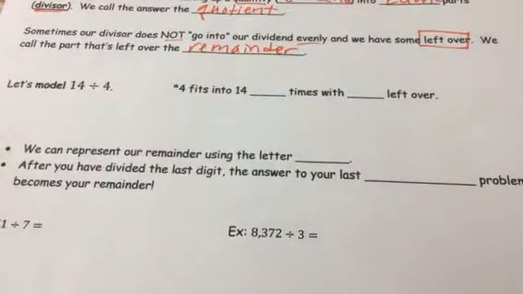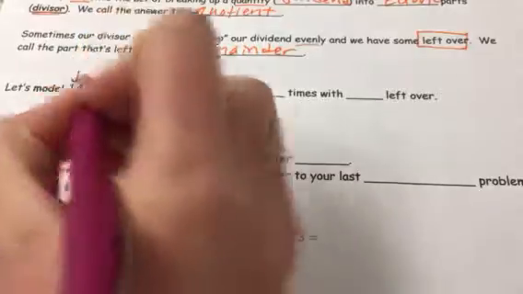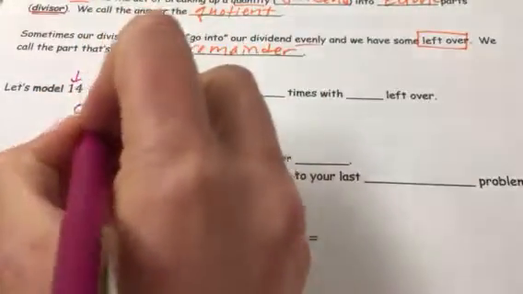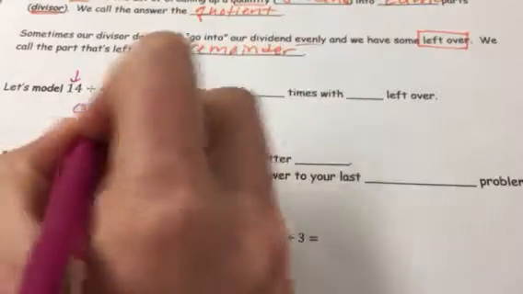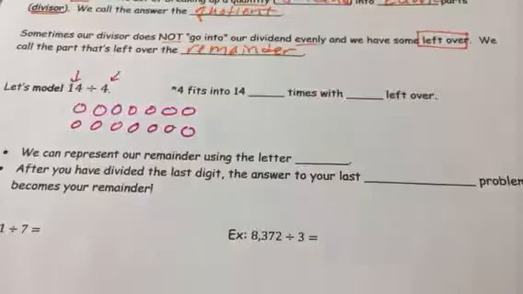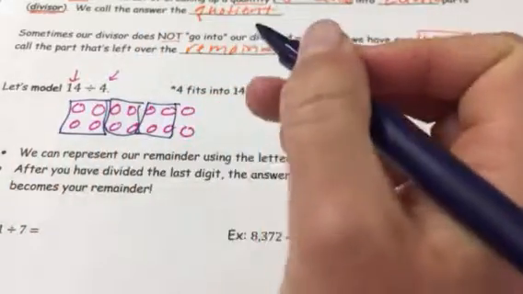Okay, so let's take a look at a model just so we can get a visual of what's happening. Let's take 14, that's our dividend, and divide that by 4, which is our divisor. So let's create an array, 7 by 2. Okay, and let's go ahead and break that up into groups of 4. 1 group, 2 groups, 3 groups.